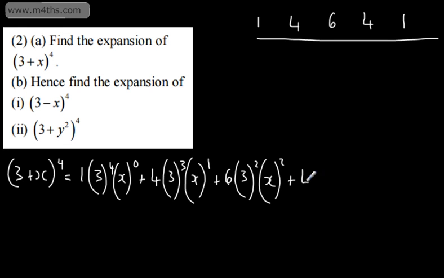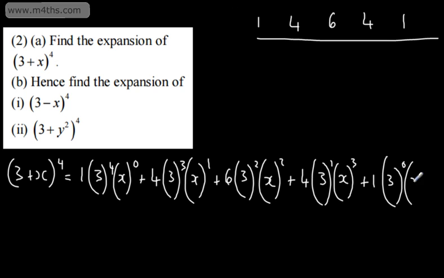We'll have now 4, we'll have 3 to the power of 1, we will have now x to the power of 3, and finally we'll have 1, we'll have 3 to the power of 0, we'll have x to the power of 4. So do check that these all add up to 4: 4 plus 0, 3 plus 1, 2 plus 2, 1 plus 3, and 0 plus 4.